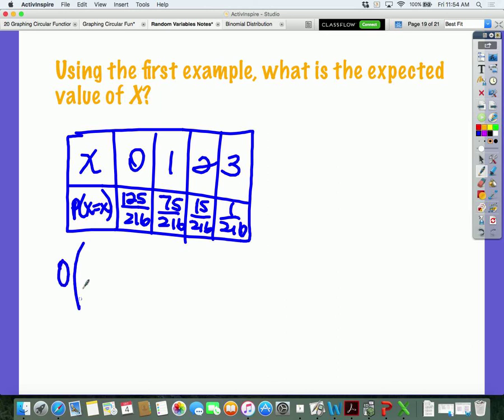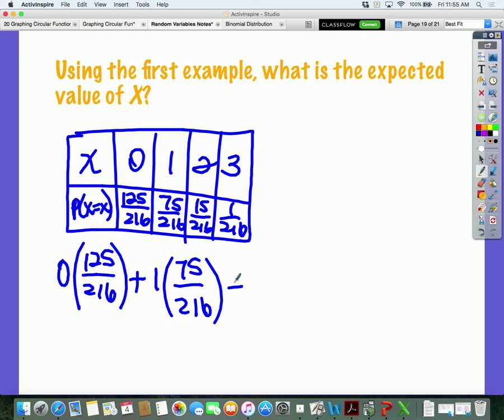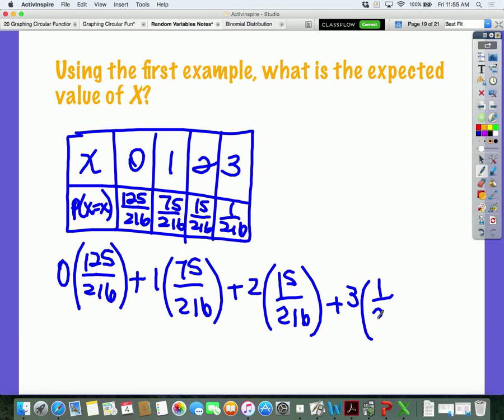0, and multiply them by their respective probabilities and add them up. That is how you would find your expected value. Again, this is still being done without a calculator. 0 times anything is 0.